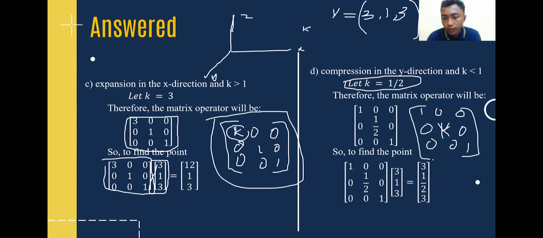So the values x and z will not be changed, but the value y will be changed because we multiply with the scalar, and the result is 3, 1/2, and 3.